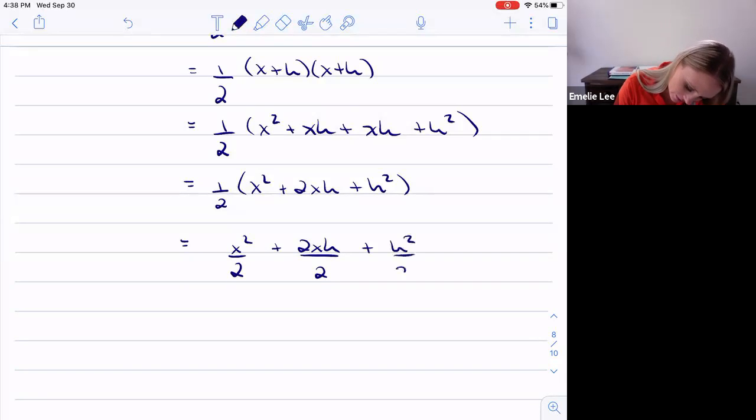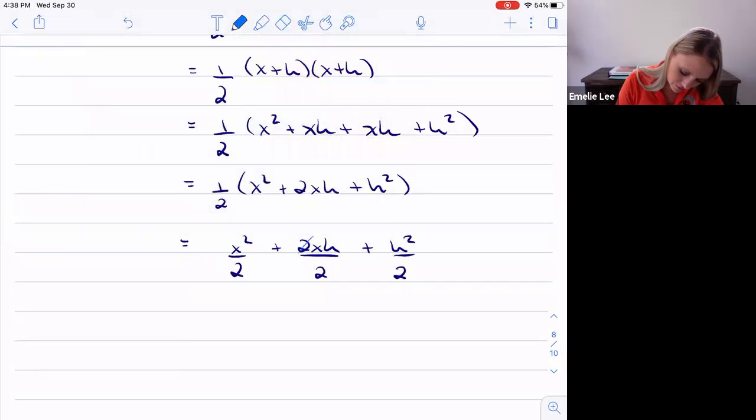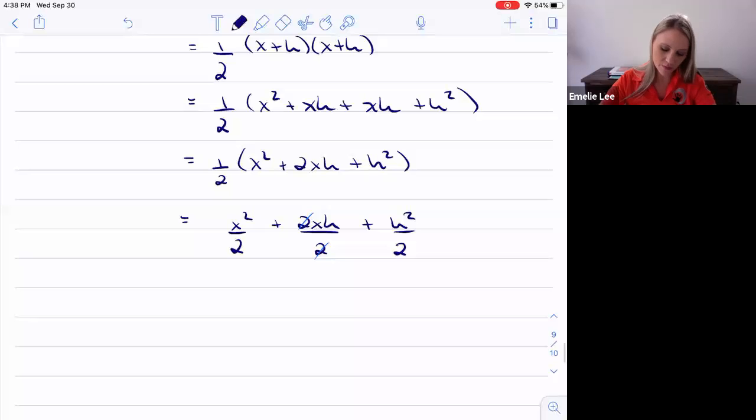Plus h squared over 2. Here, because I'm multiplying 2xh and then dividing by 2, that means I can cancel, right? So I don't think there's any more that I can simplify here.